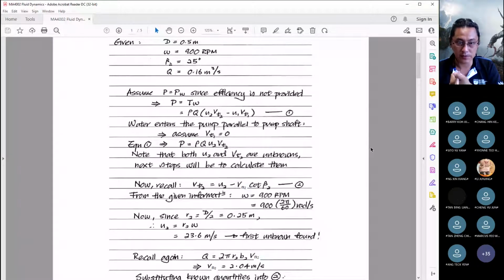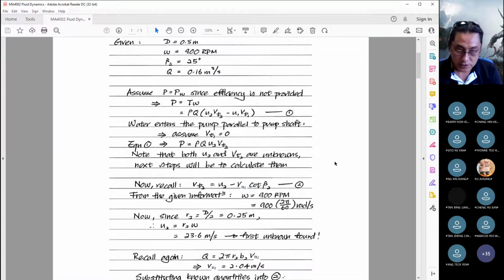Let me reiterate what I just mentioned. If water enters the centrifugal pump parallel to the pump shaft, it means that Vt1 equals 0. There's only Vn1. That actually makes our life easier because equation 1 can be further simplified such that it becomes P equals rho Q U2 Vt2.